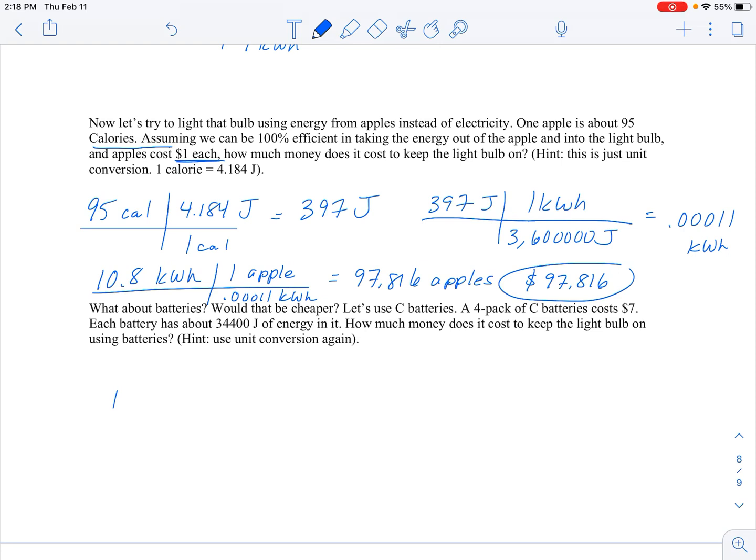We want to keep the light on all month, so we need 10.8 kilowatt hours of energy. I'm going to convert that to joules. 1 kilowatt hour is 3,600,000 joules of energy that I need.